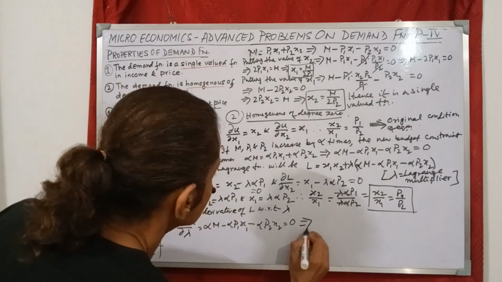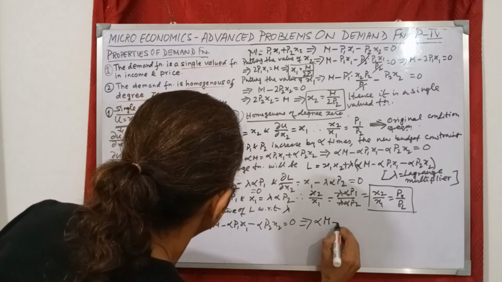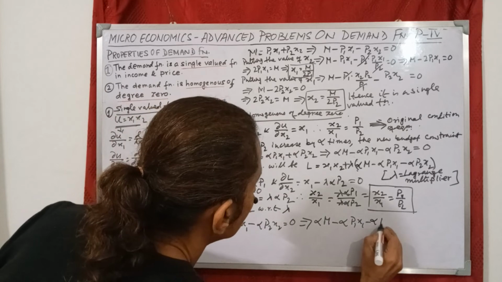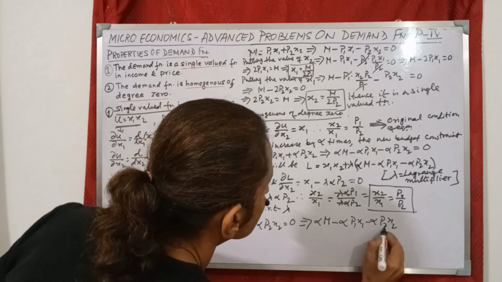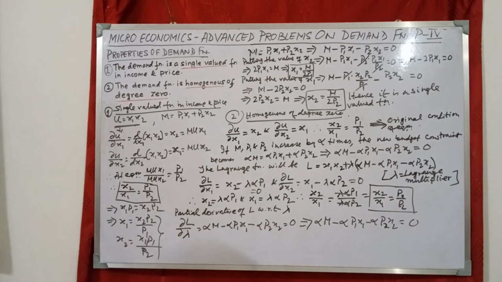This means alpha m minus alpha p1 x1 minus alpha p2 x2 equals 0. Right?